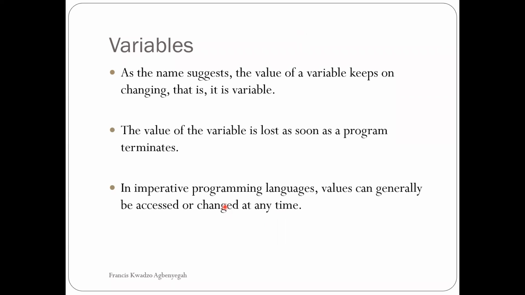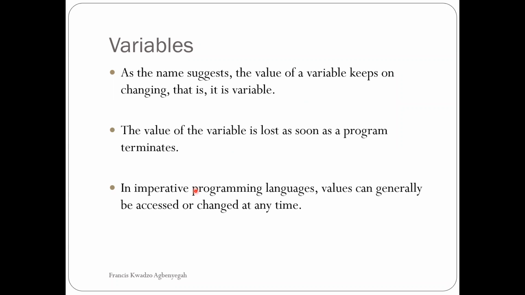In imperative programming languages, values can generally be accessed or changed at any time. As a programmer, you have the opportunity to change the content of your variable at any given point in time. Maybe you can write a piece of code that changes the content of your variable. For example, you are storing the cumulative GPA of students, and one particular student has always been present in class.